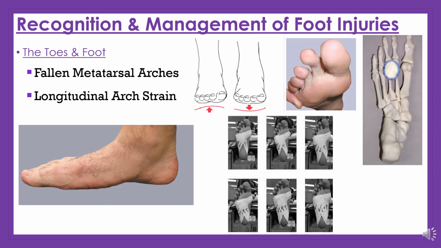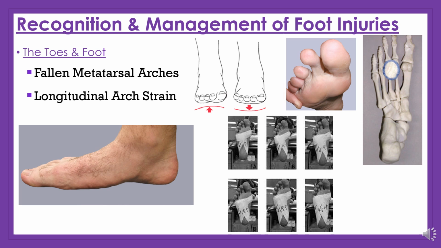Other issues with the arches include a fallen metatarsal arch as well as a longitudinal arch strain. So a fallen metatarsal arch is caused by the heads of the fifth and first metatarsal bones bearing slightly more weight than the heads of the second, third, and fourth metatarsal bones. This athlete has pain or cramping in the metatarsal region and has point tenderness with signs of inflammation and weakness in the area, and they oftentimes have a callus form in the area of pain.